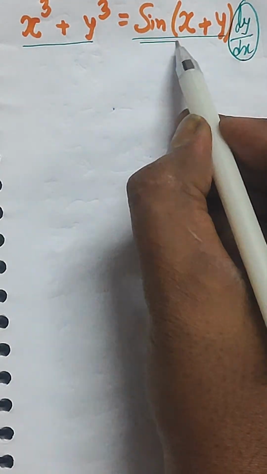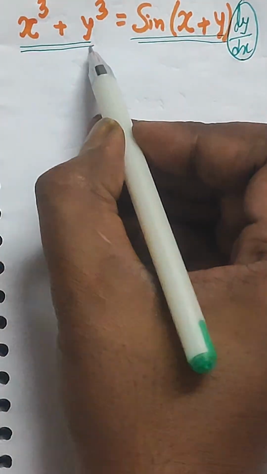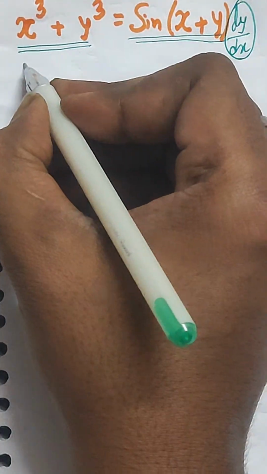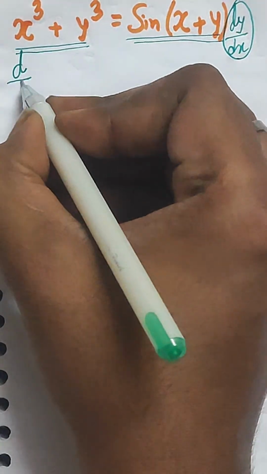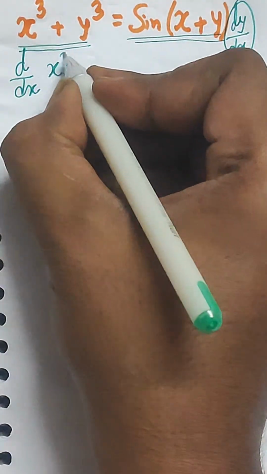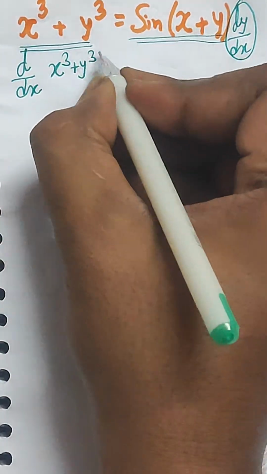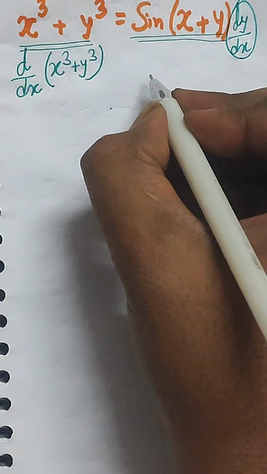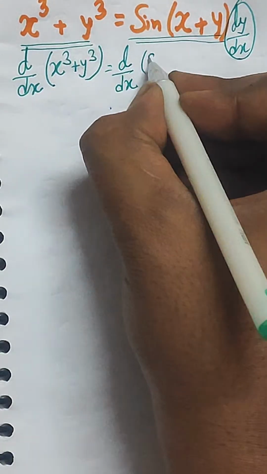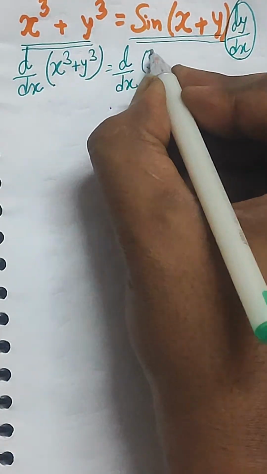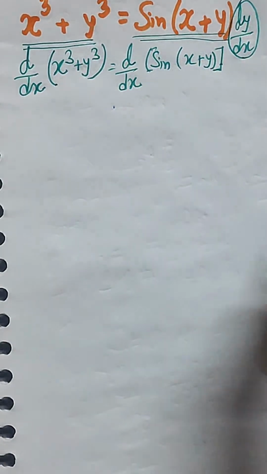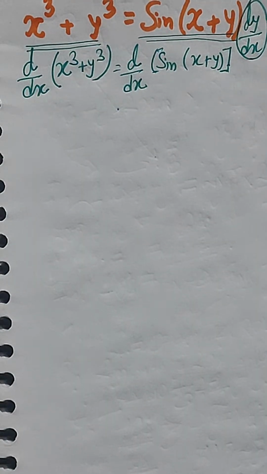Just apply d by dx on the LHS and RHS, then it will look like d by dx of x cube plus y cube is equal to d by dx of sine of x plus y. Hope this is visible to you, students.